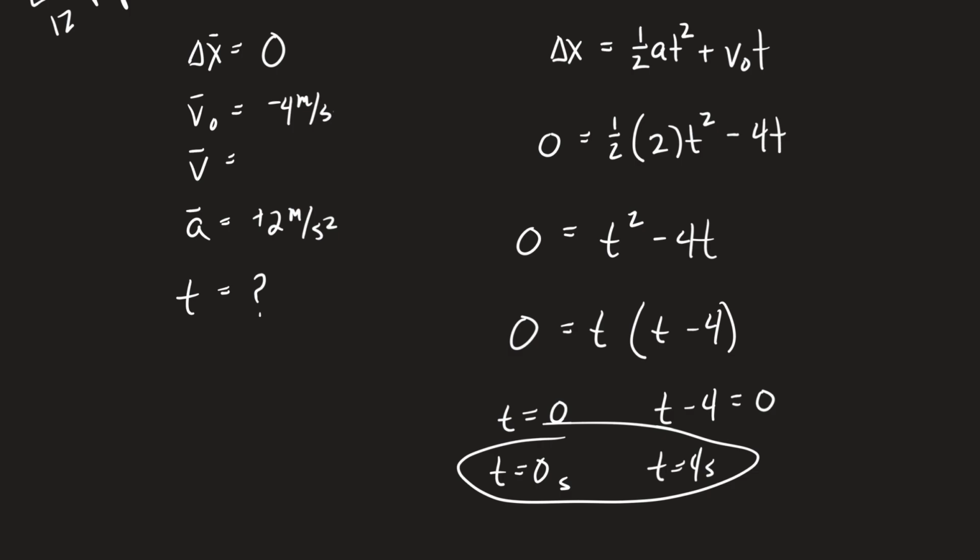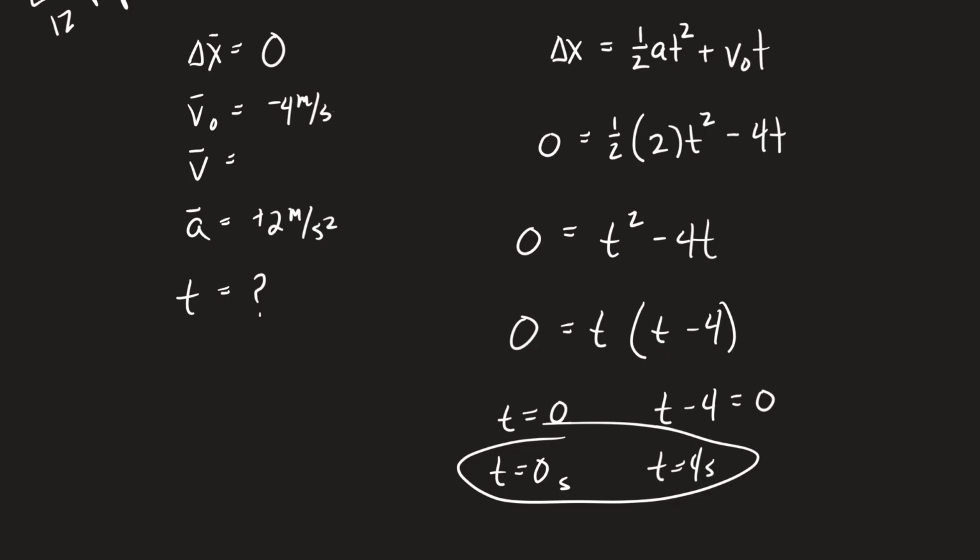Now, it's important to understand that we asked the mathematics to tell us when the car was at the starting position. And it was at the starting position twice, both at the start of the interval and then 4 seconds later. It's a good idea to always find both of your roots of a quadratic. It helps validate your answer.